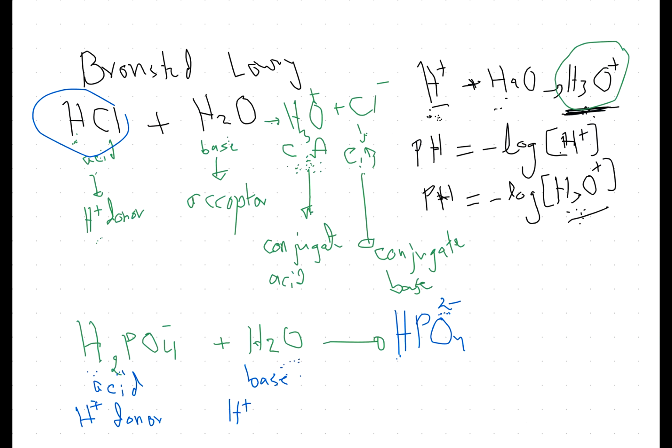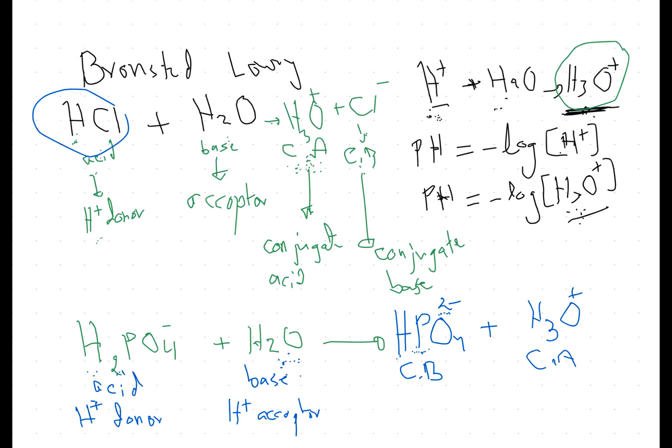Okay, so this acid donated to the base, so it's the conjugate base. Plus, this one accepts the H, so it's the conjugate acid. Why is it the conjugate acid? Because it accepts the donation from the acid.